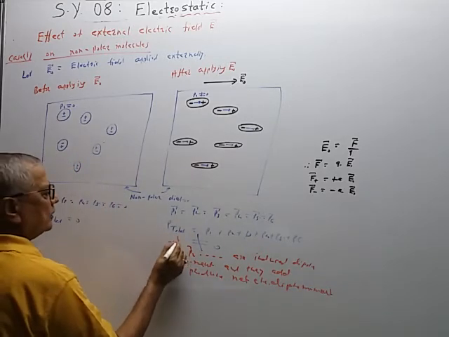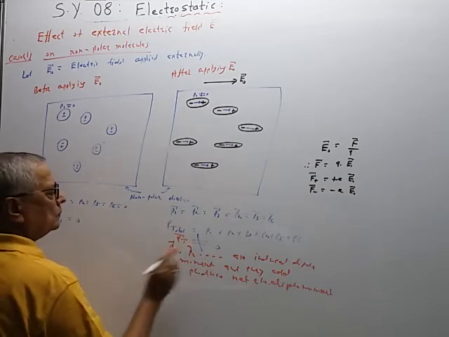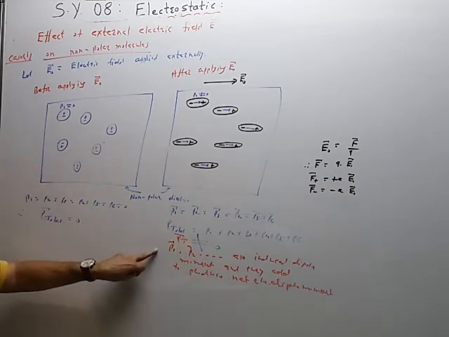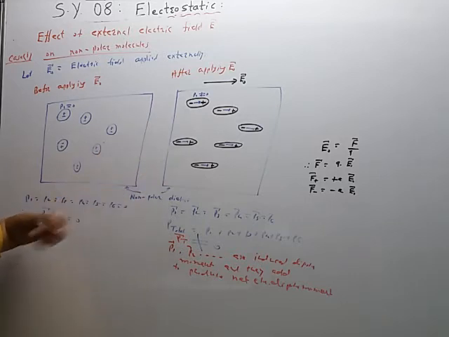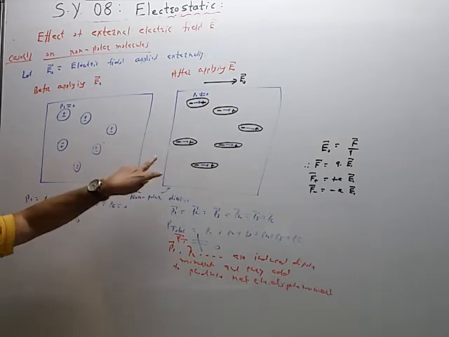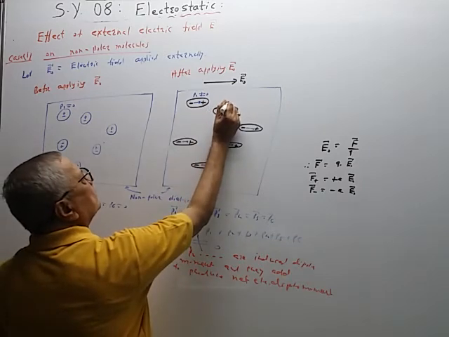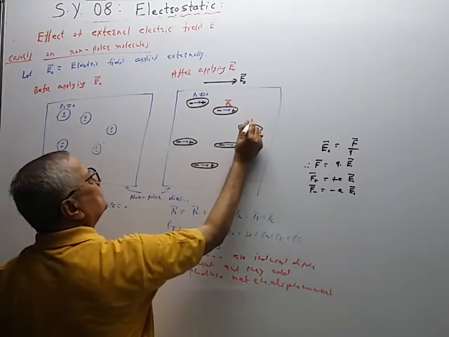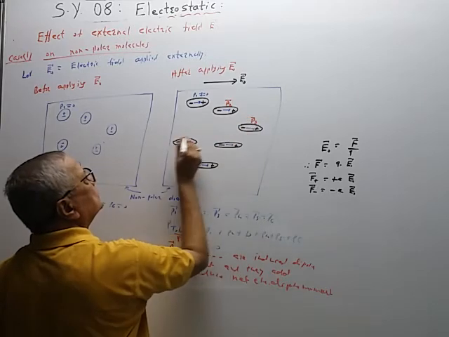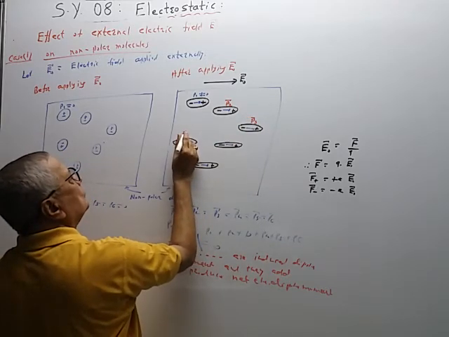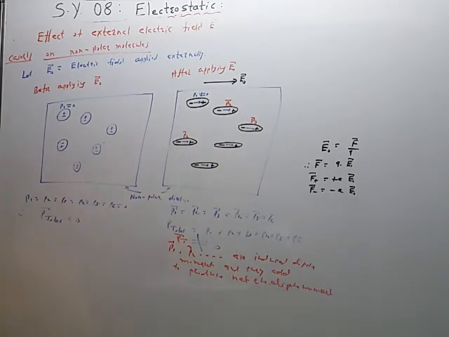So P total is not equal to 0. Why? This is the reason: they are aligned in the same direction. P1, P2, P3, P4, they are in the same direction. So I will add only one arrow here. This is P2. This is P3. This is P4, etc.